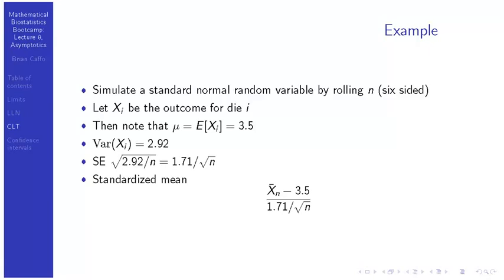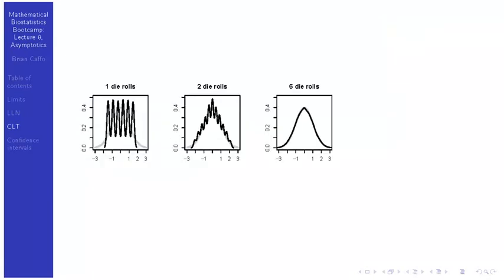On the next slide, basically what I've done is I rolled the die one time, and I did that over and over again, so an average of 1, and I standardized the average of 1. In this case, for an average of 1, it would be a die roll minus 3.5 divided by 1.71.